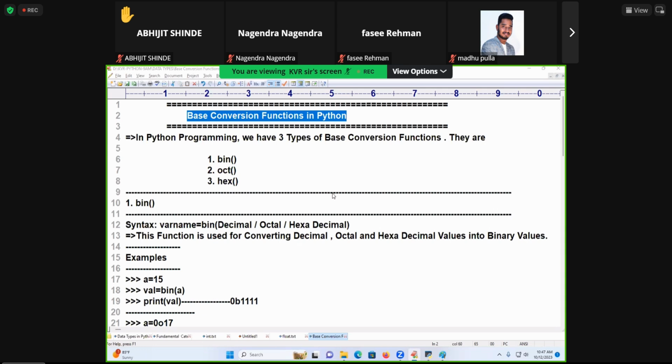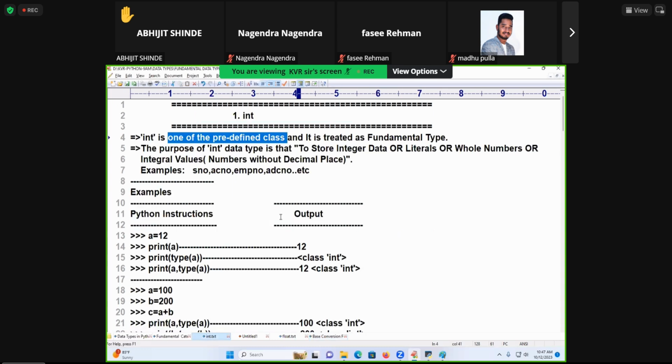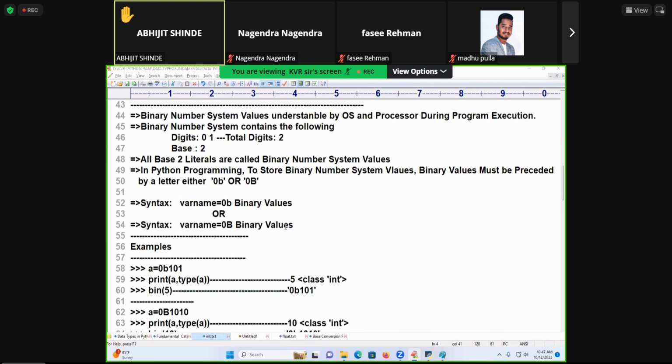Shinde. Good morning, sir. Shinde, tell me. Sir, in the starting of the lecture, you told that hexadecimal is used for creating the operating system. During the development of the OS, they used to write the code using hexadecimal values. But sir, decimal already has 10 digits, so what was the need?